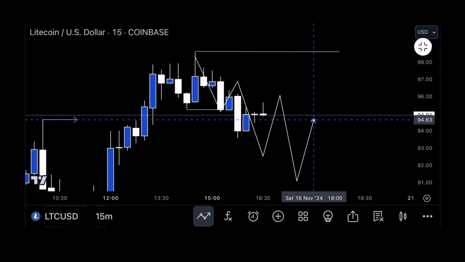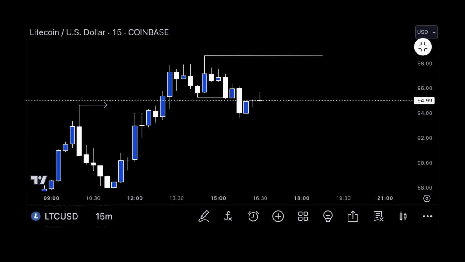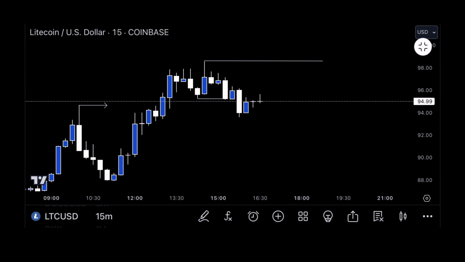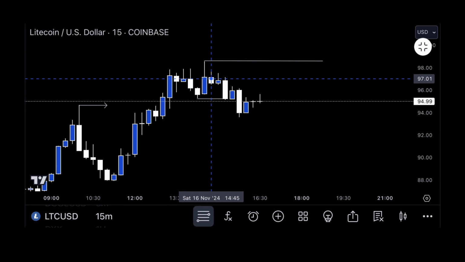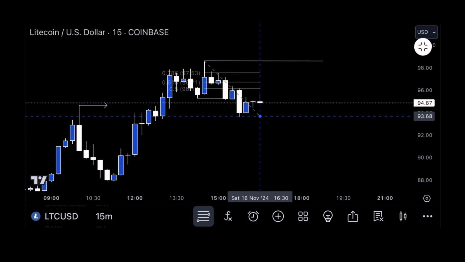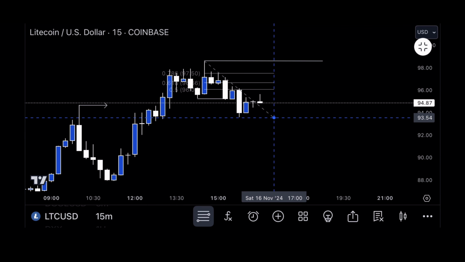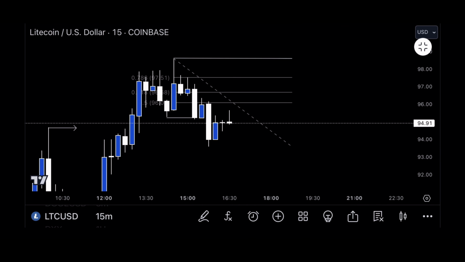So I bring out my fib. I use my fib to know where the market might reverse. I personally use the 78 area. That's my best area, I love it. It's also my discount area, it tells me where the market might reverse.